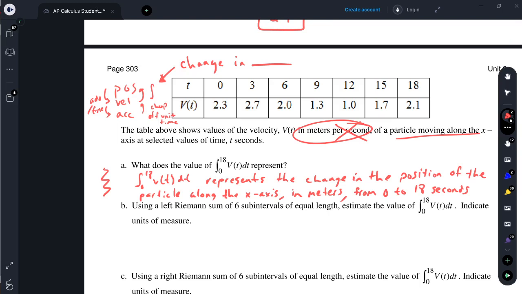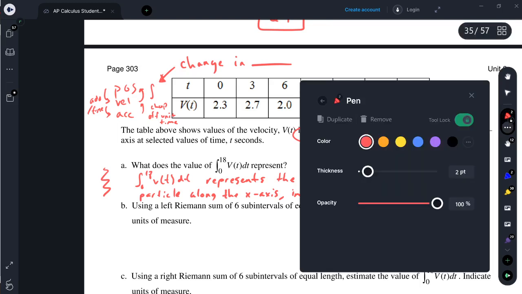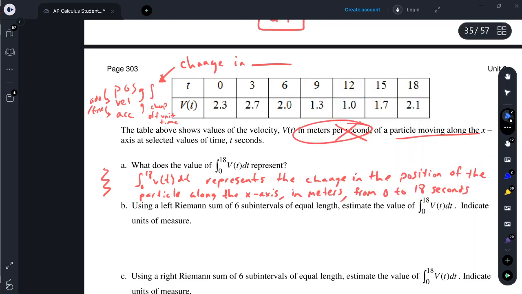All right, next up we have using a left Riemann sum, right? So using a left Riemann sum of six subintervals, estimate the value of the integral from 0 to 18. So we're going to say the integral from 0 to 18 of v of t dt is approximately, we're doing a left Riemann sum, so that's a width of 3. We're going to multiply by the left part.